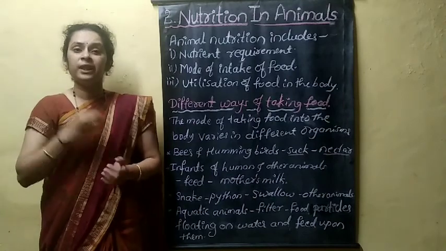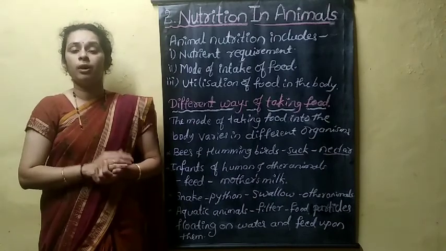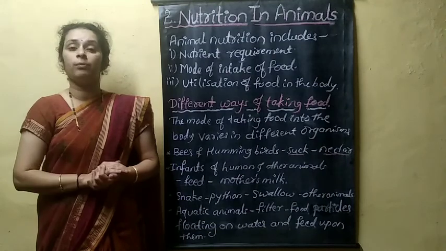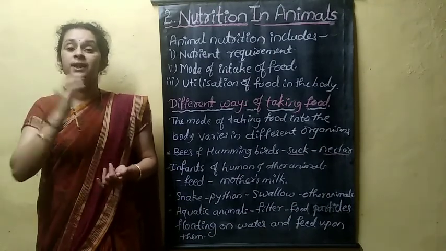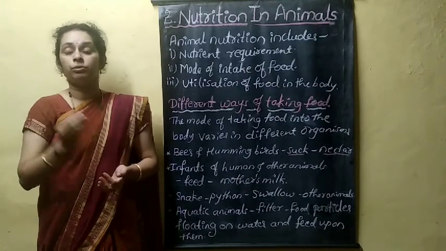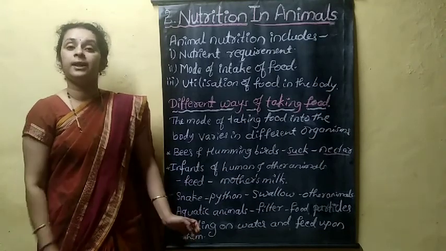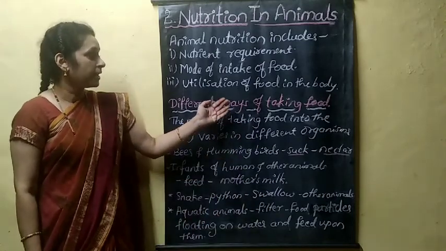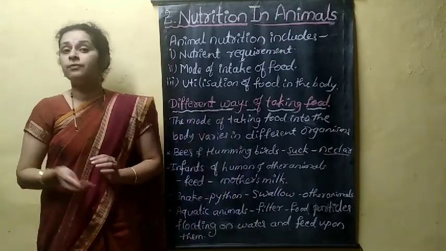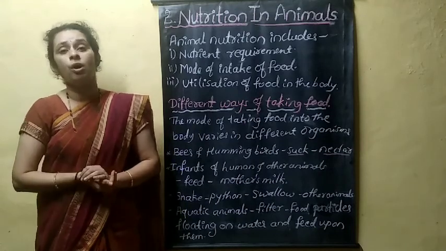They take the organisms or food particles that float on the water near them. By filtering those organisms or food particles, they take the food inside the body. Like that, the ways of taking food differ from organism to organism.